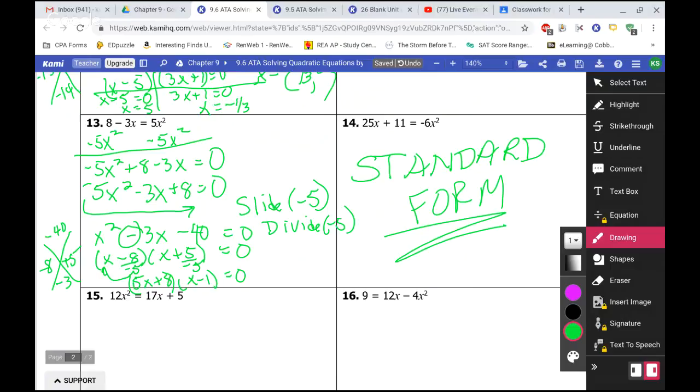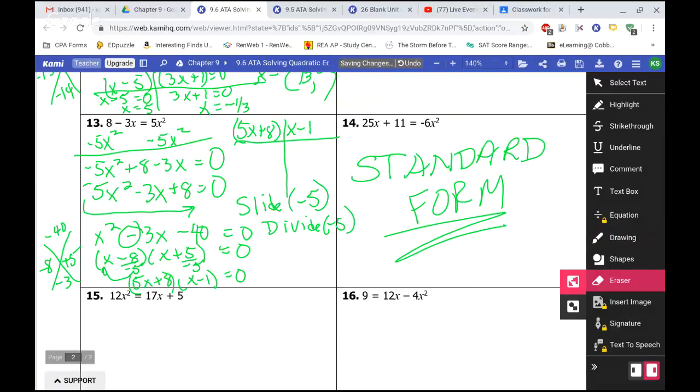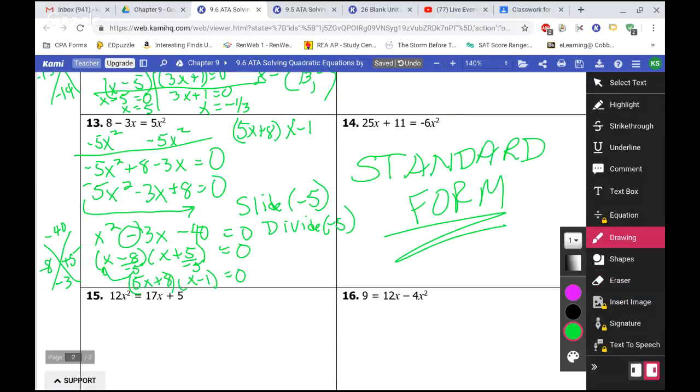So now I'm going to take each individual factor, set it equal to 0, and solve for x.